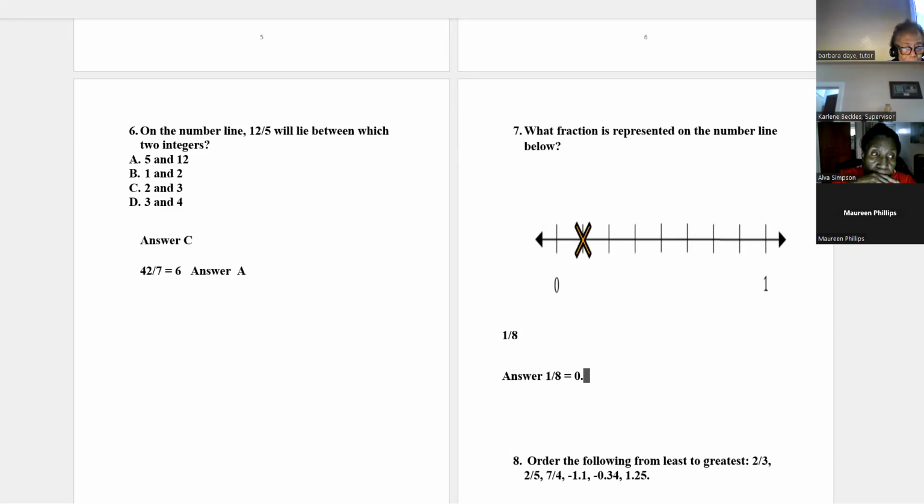1/4 is what percent? It's 25%, right? Yes. Half of 1/4 is 1/8.